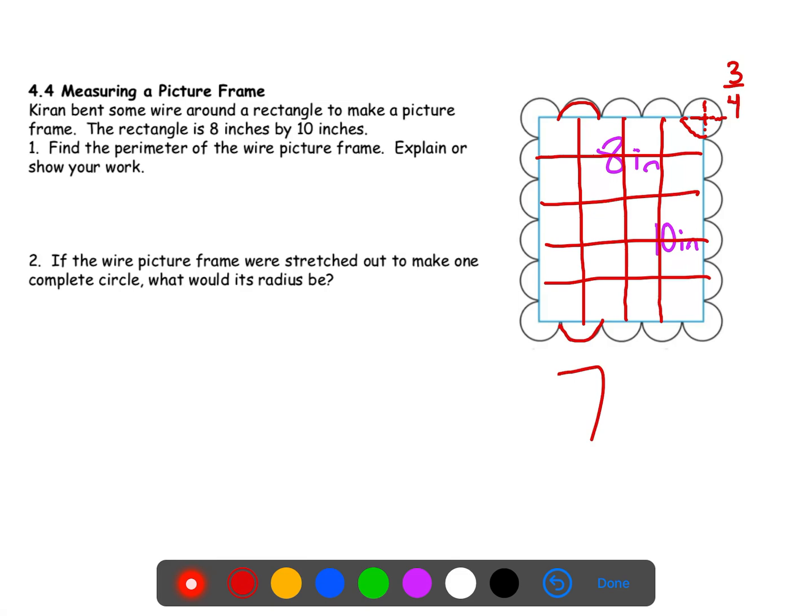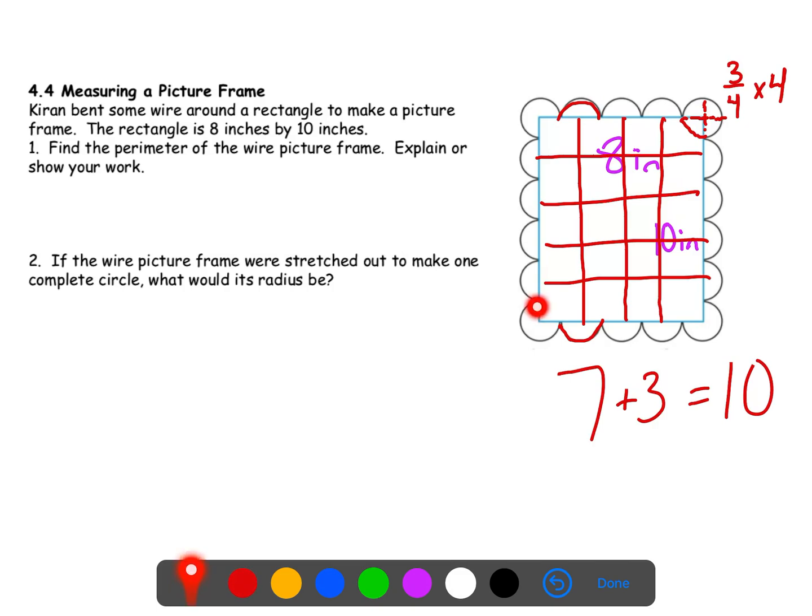And that's the same for all 4 corners. So I have 4 of those 3/4 circles, which is going to equal 3 full circles if I do that multiplication. So if I take 3/4 times 4 to represent my 4 corners, I'm going to have another 3 whole circles. That brings my total to 10 whole complete circles.